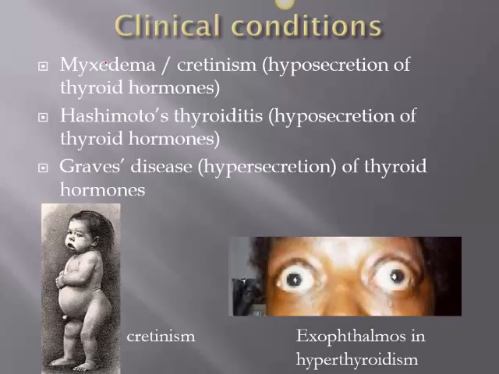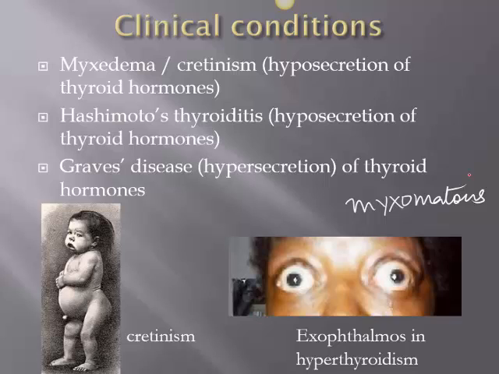The reason it's called myxedema is because in this condition there is a jelly-like fluid called myxomatous fluid or myxomatous tissue. It's jelly-like, and this is deposited in certain areas of the body. Some of the areas it's deposited is in the carpal tunnel.